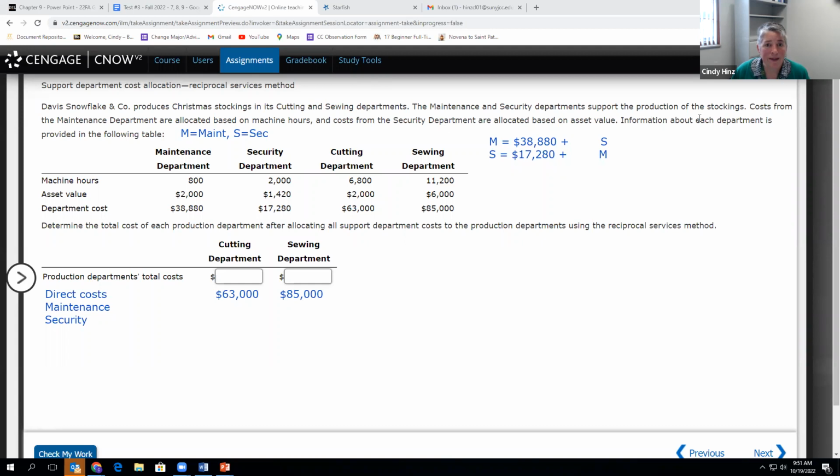So maintenance is allocated based on machine hours. So the maintenance department is being allocated to all three of these other departments based on machine hours. And then the security department is being allocated based on asset value. And here are the relevant asset values. So I'm just going to add across.